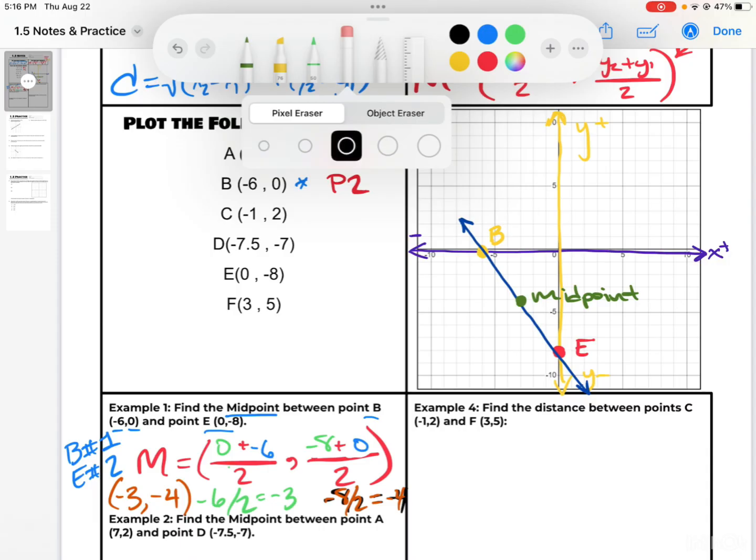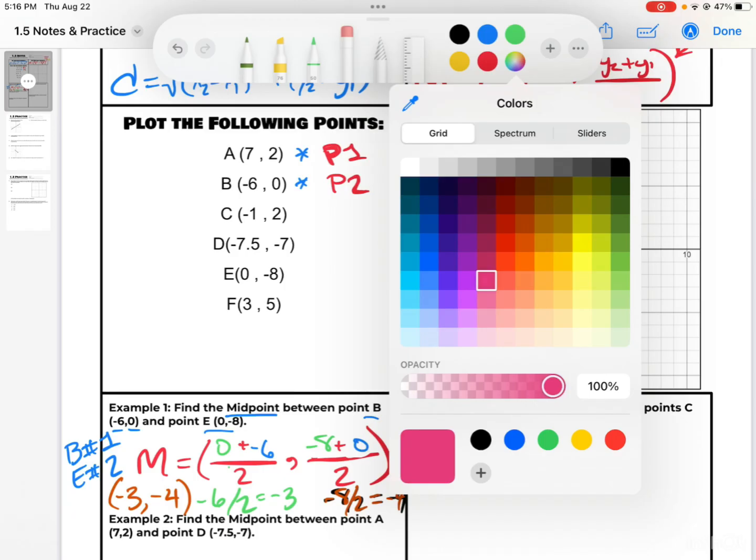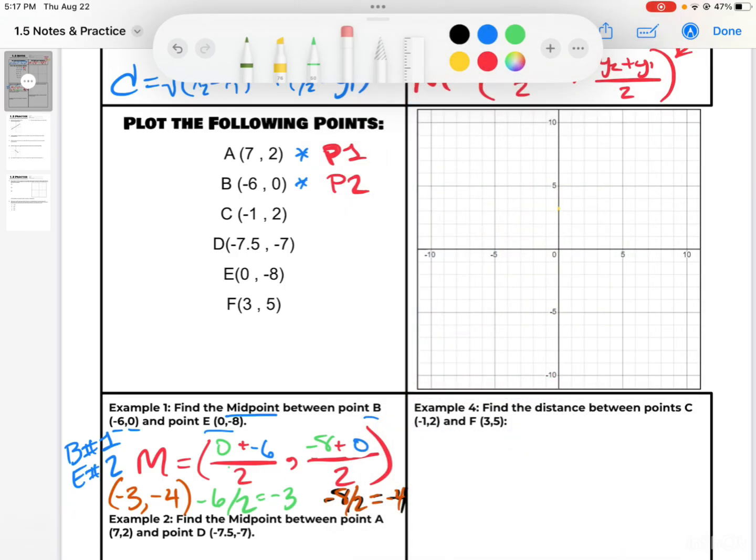So I'm going to erase this real quick because I want to demonstrate again on the next problem. The next one I'm going to do is example number 4.